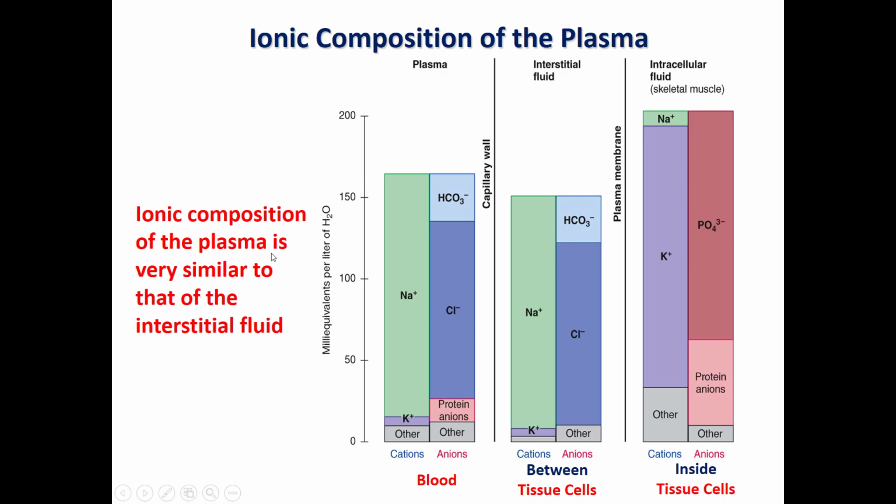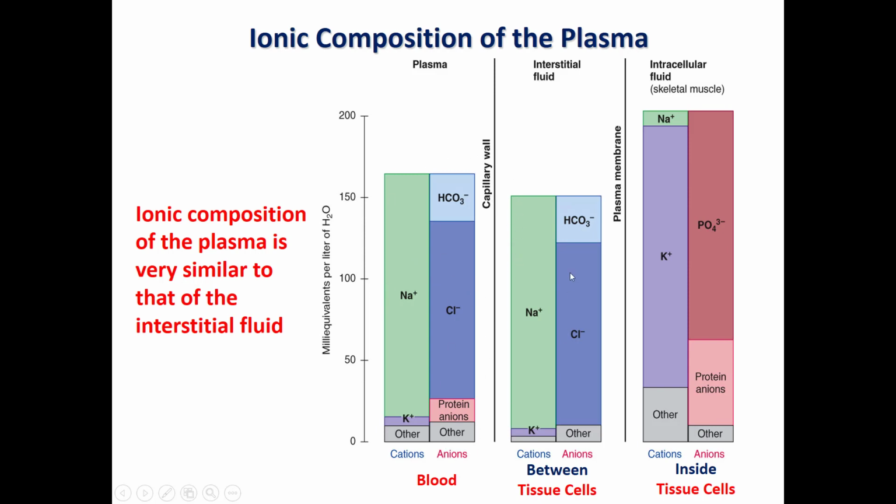In this diagram, we can see the ionic composition for different parts of the body. We have it for the blood, for the interstitial fluids, the fluid between the cells, and for the intracellular fluid. As we can see, the blood and the interstitial fluid have a similar ionic composition. Between them is the capillary wall.